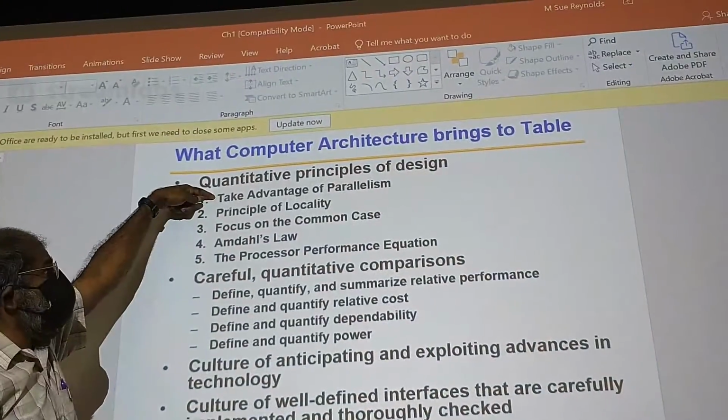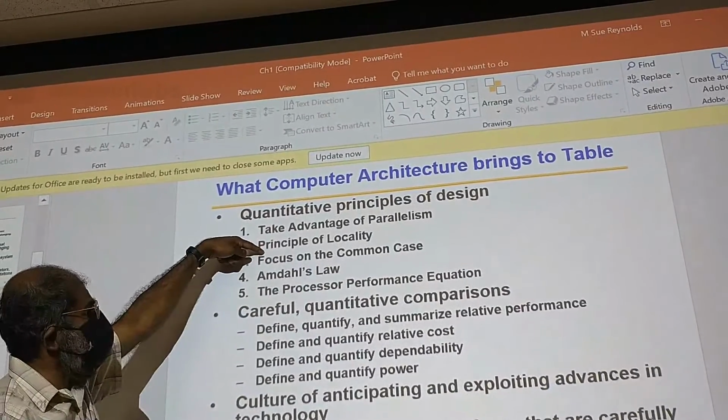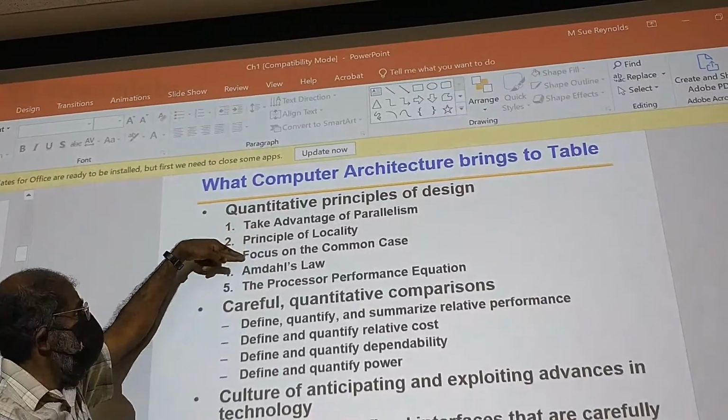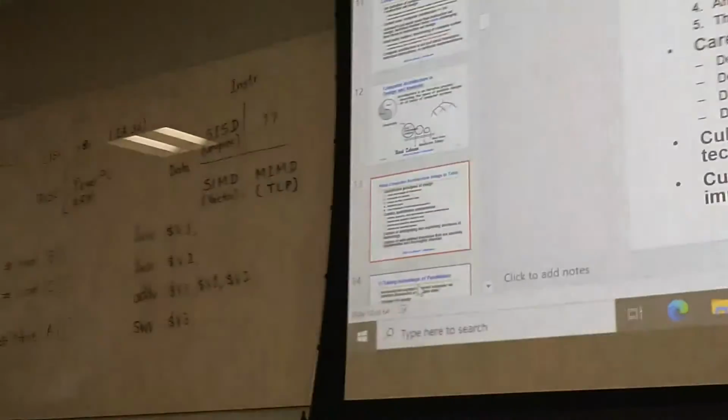So take advantage of parallelism and take advantage of locality, or minimize communication. And then the third is focus on the common case.